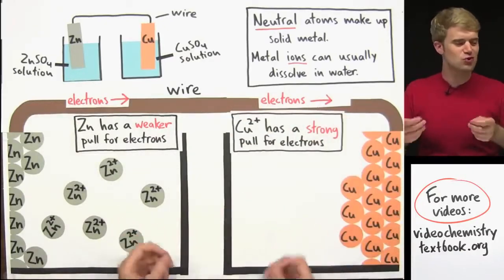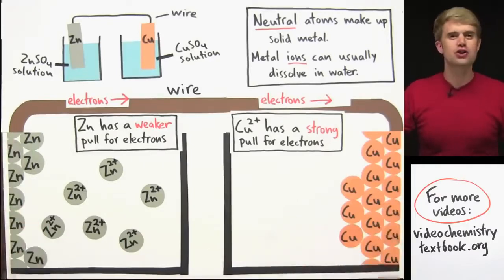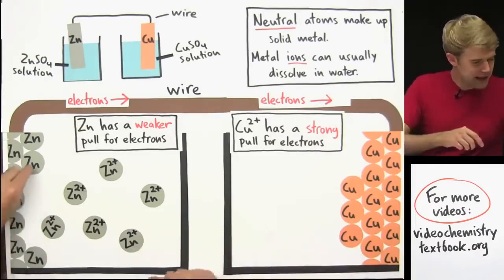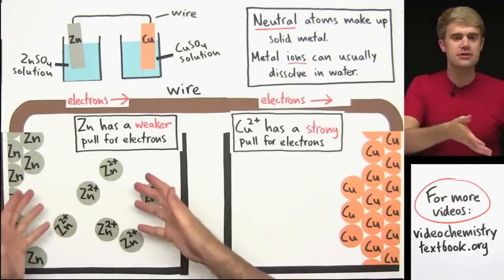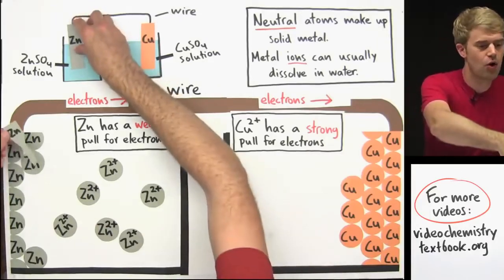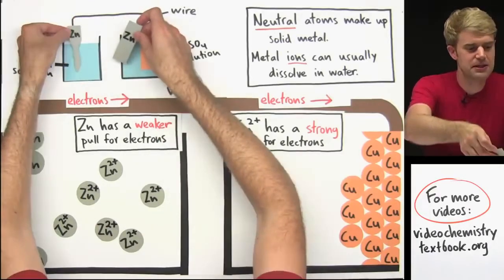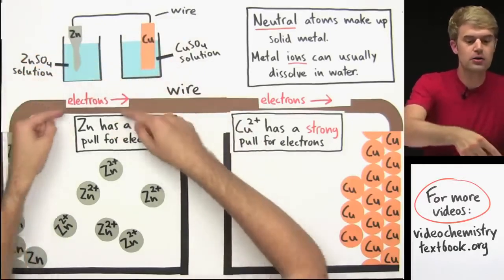And if this happens long enough, we actually see these 2 pieces of metal change, right? These zinc atoms keep coming off of this piece of zinc, so it's essentially dissolving. And over time, what we'll see is that this piece of zinc gets smaller and smaller.